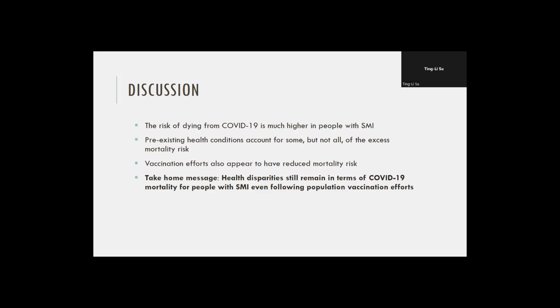But our take-home message really is that these health disparities still remain for people in terms of COVID-19, for people with SMI, even after the vaccination campaign has taken place. That might seem an obvious message, but it's not. It's clear that it's not enough to reduce this risk amongst these populations. We still need to be supporting them and looking after those physical health inequalities.